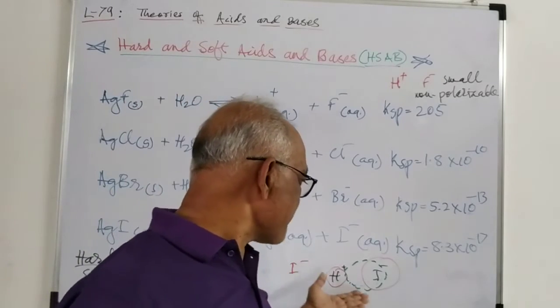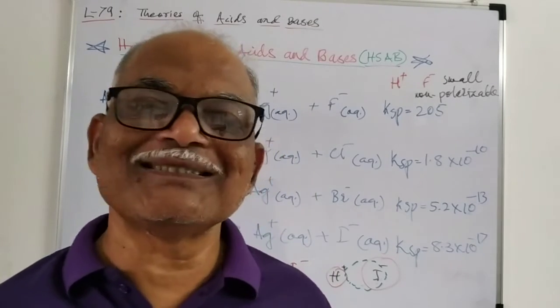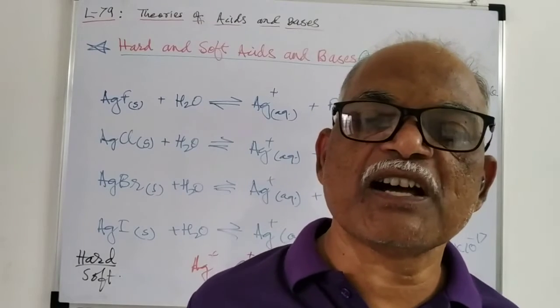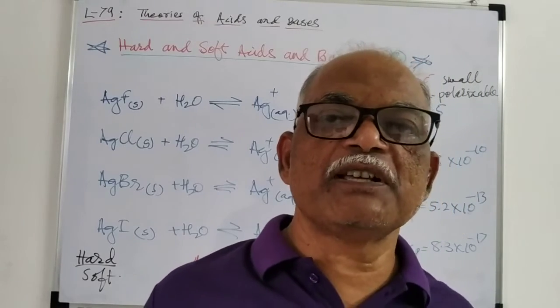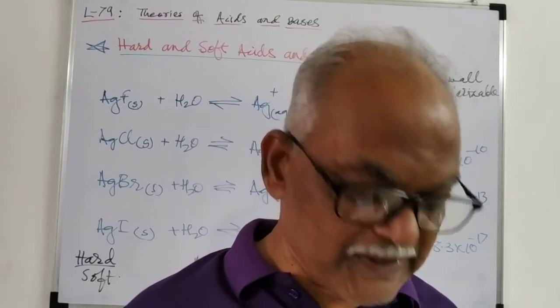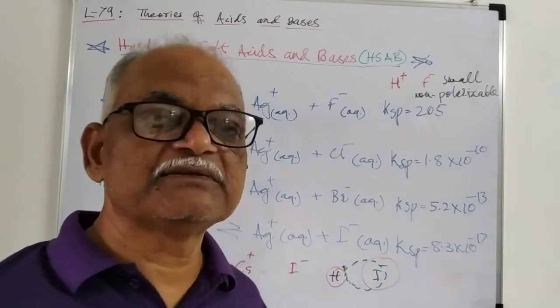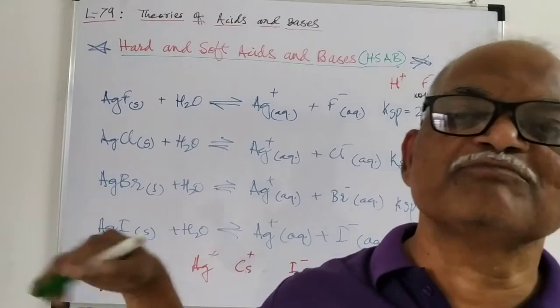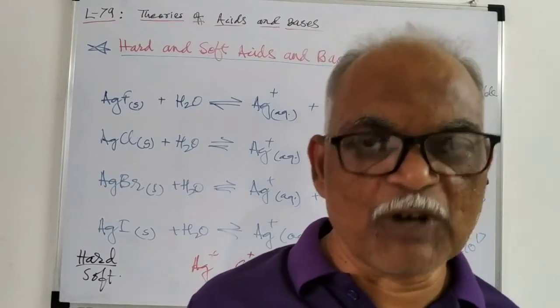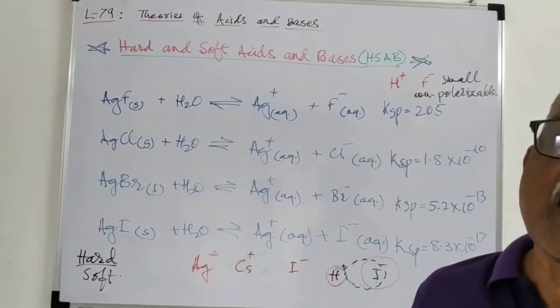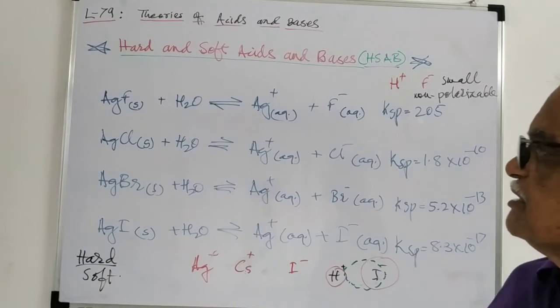So in this way, the ionic bond does not remain 100% ionic in nature. It acquires some covalent character, and that is why it is observed that some salts are more soluble in water, whereas some salts are less soluble in water.